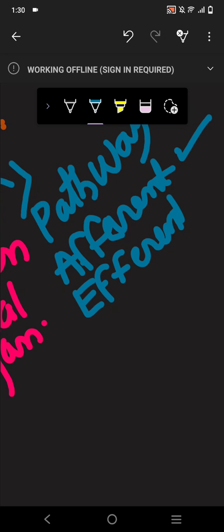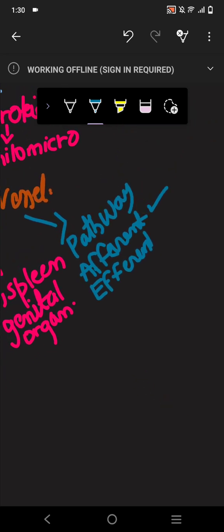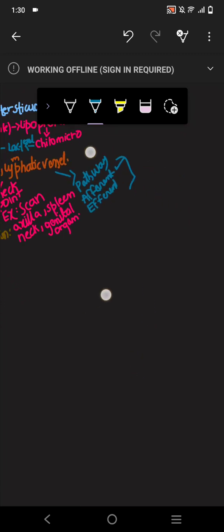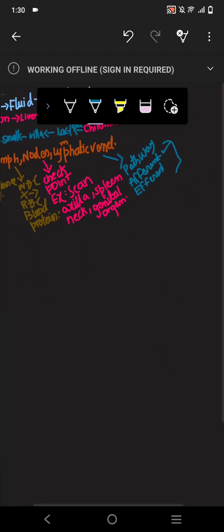But the function of the efferent vessels is to stop backward movement, like it stops the lymph from going back to its first position. That is why we have the two vessels, afferent and efferent. I hope that is clear.